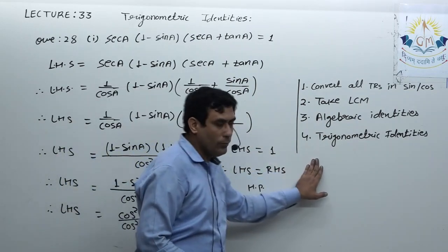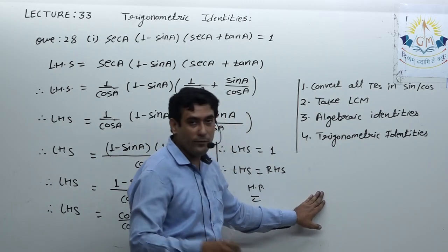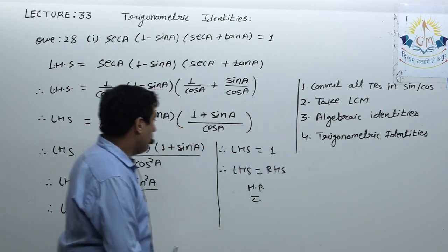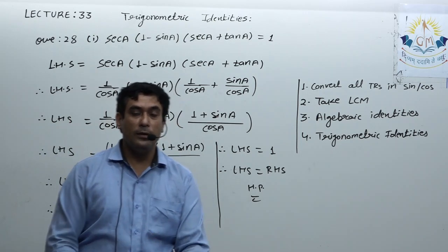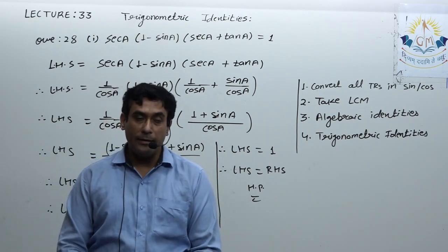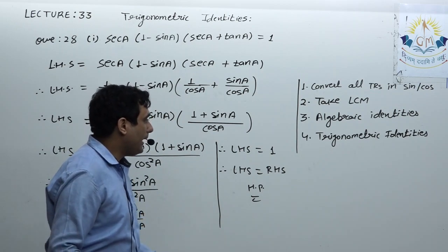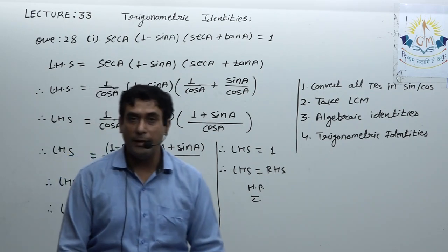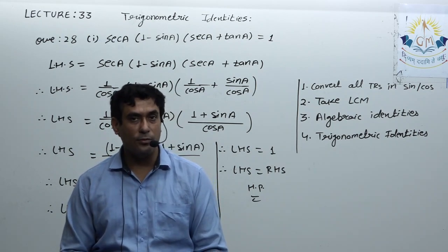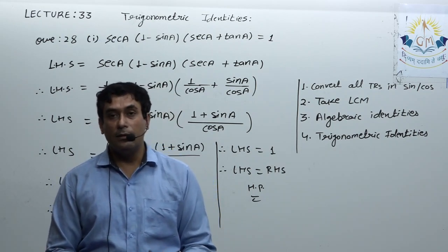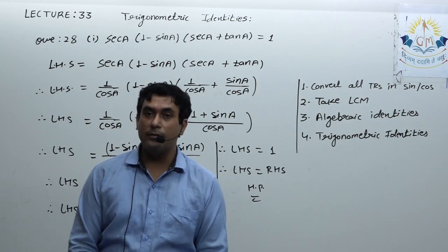After that, there are some more steps that we see when we solve the questions. I hope you got this concept clearly. So in the next lecture, be ready with the algebraic identities, trigonometric identities, and the relationship between the trigonometric ratios. Then we'll see the next question of this exercise.